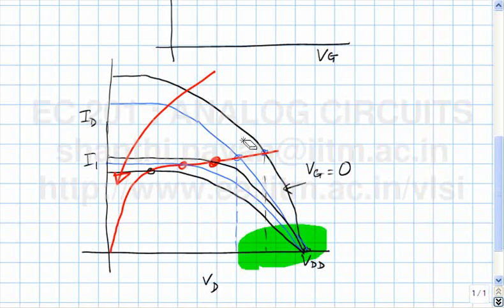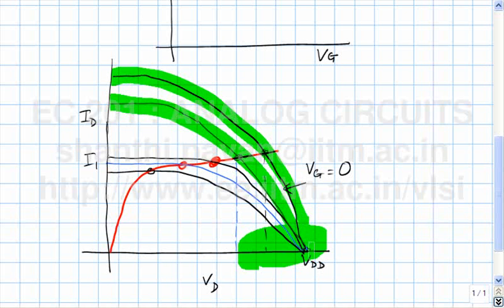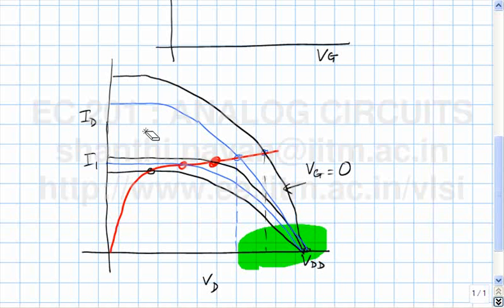Do you understand the question? Originally Vg was 0, we had this set of curves, and at that time we found that the PMOS transistor is basically sitting in the triode region, and as I increase Vg, the output voltage certainly decreases.